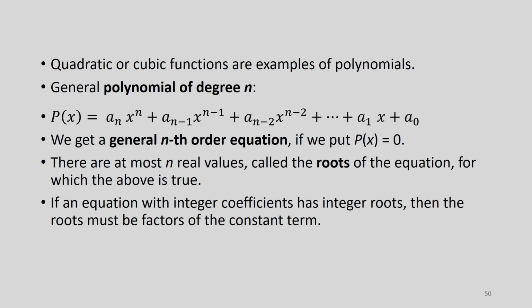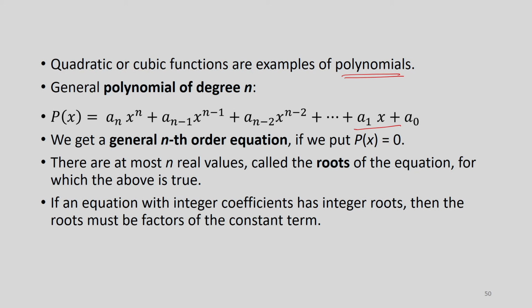Now, quadratic or cubic functions are examples of what are known as polynomials. A general polynomial of degree n is given by p(x) = a_n x^n + a_(n-1) x^(n-1) + a_(n-2) x^(n-2), etc., and finally a_1 x + a_0.